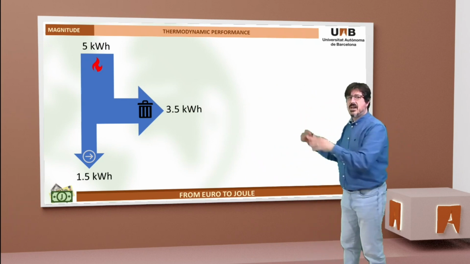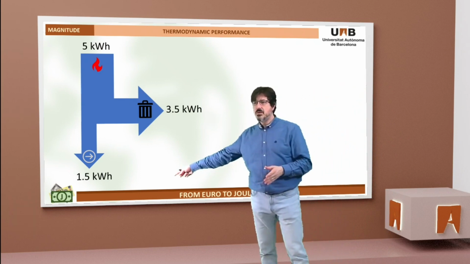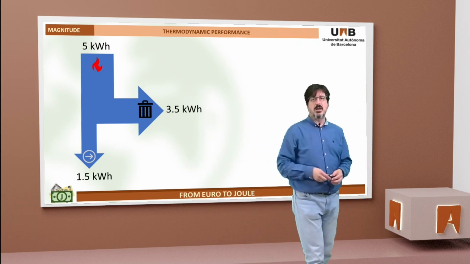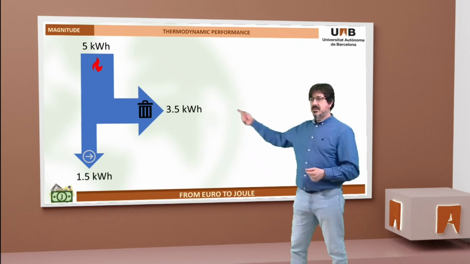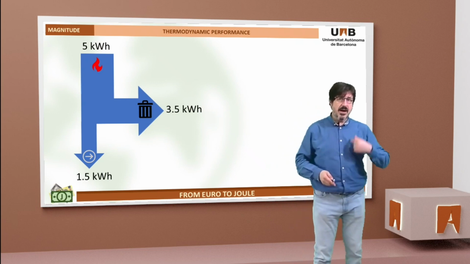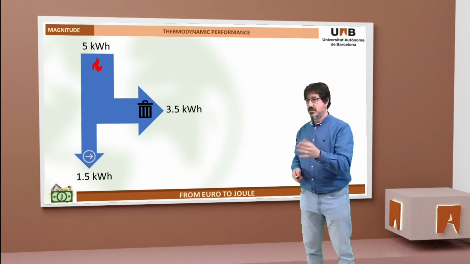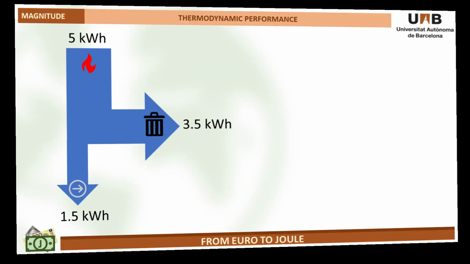These are just random numbers, but the fraction of the useful respect to the total is more or less what you get on a standard car. This means that 3.5 kilowatt hours are really waste. Observe that you are wasting more energy than the one that you use.